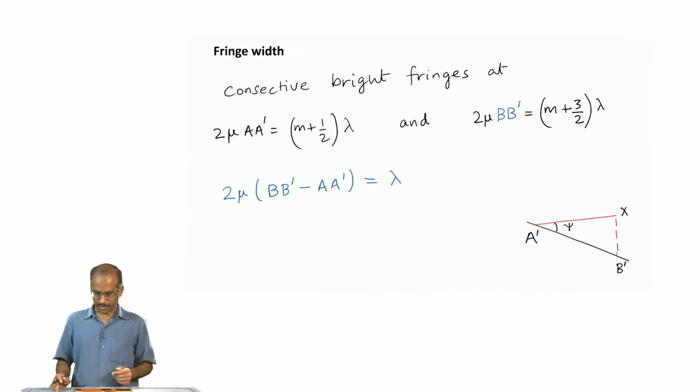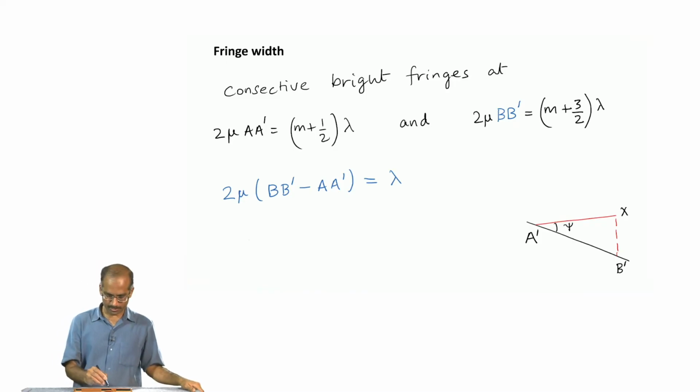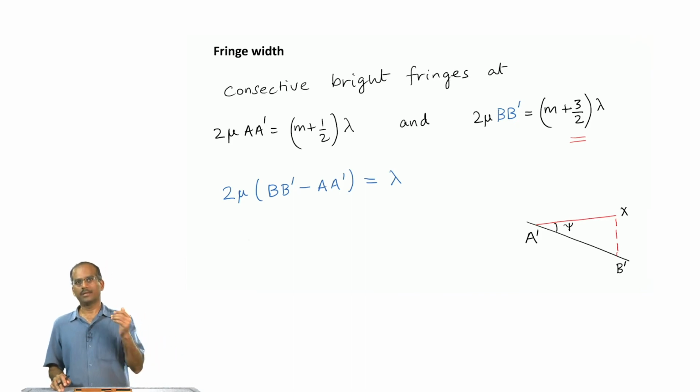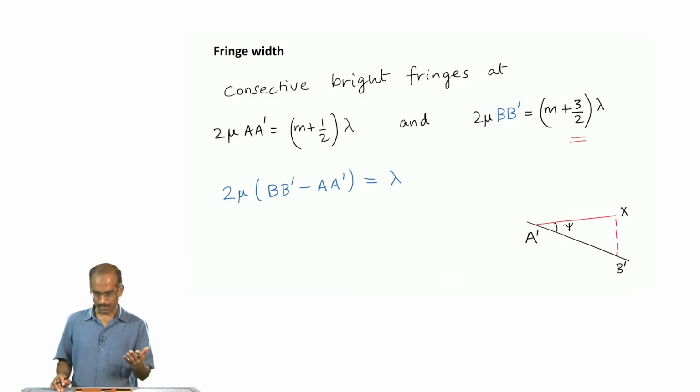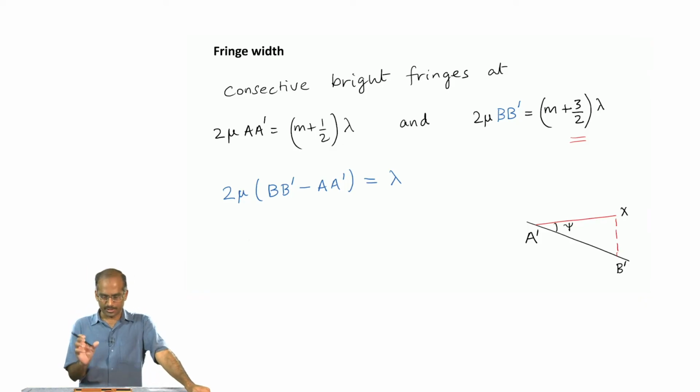I have written down the condition for bright fringe. Since they are consecutive bright fringes, you will notice that here I have to put 3 by 2. In one case it is m plus half, in the other case m increments by 1, so it is m plus 1 plus half, hence m plus 3 by 2. Now, I want the distance between these two, so just subtract the two and you will get this relation.